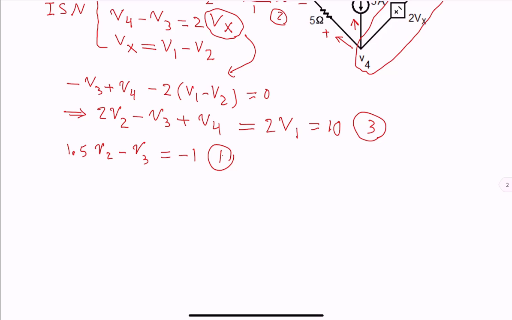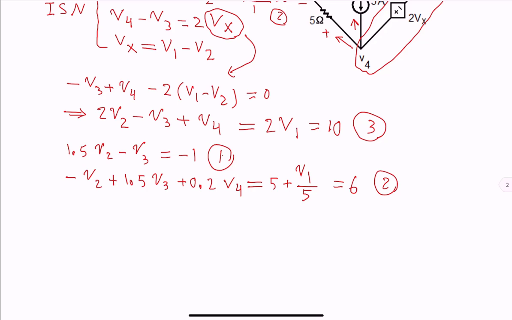Second equation, simplifying that, we have negative V2 plus 1.5 V3 plus 0.2 V4 equal to 5 plus V1 over 5. V1 again is known, so 5 over 5 is 1. That gives us 6. That's our equation 2.